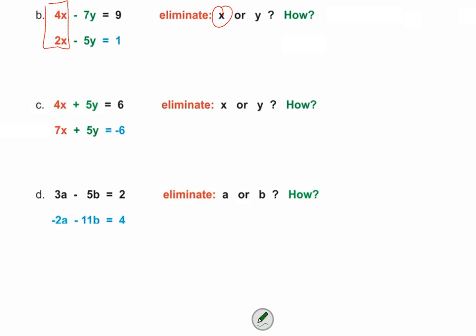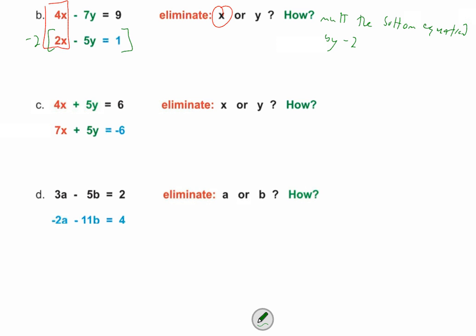What can I multiply a 2x by to get it to be a negative 4x? 2. So how would you do this one? You would multiply the bottom equation by, what did we say, class? Negative 2. You would multiply this bottom equation by negative 2.